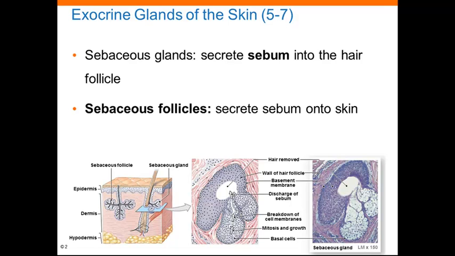It lubricates the hair and the skin, and it actually inhibits the growth of bacteria. Similarly, sebaceous follicles secrete sebum directly onto the skin of the face, back, chest, nipples, and external genitalia. Sebaceous glands are sensitive to hormonal changes, and inflamed glands can result in acne.